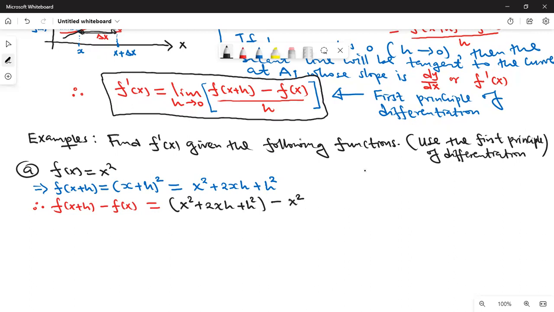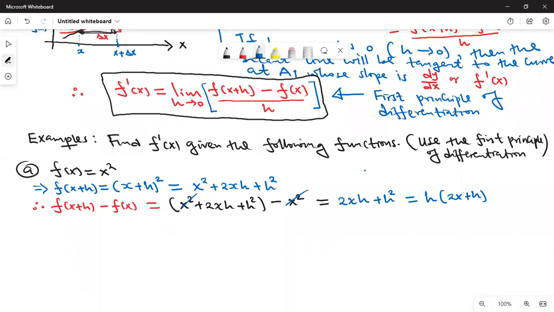And so this is now equal to, because the x squared will cancel with the other one, 2xh plus h squared, which you can write as h outside, into 2x plus h. That is the numerator. Denominator, we have h.